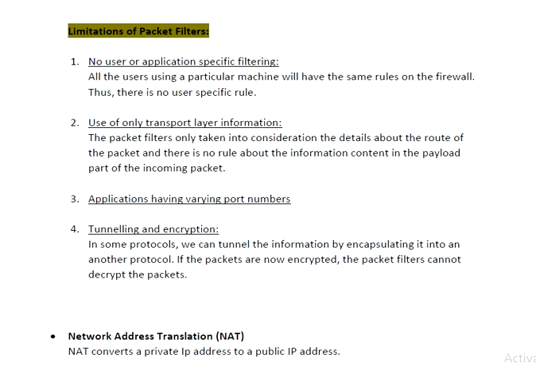Tunneling and encryption is problematic because it is totally opposite of what the firewall is doing. The firewall is protecting the intranet from incoming packets, while tunneling and encryption make the packets secure and make a hole inside the firewall.